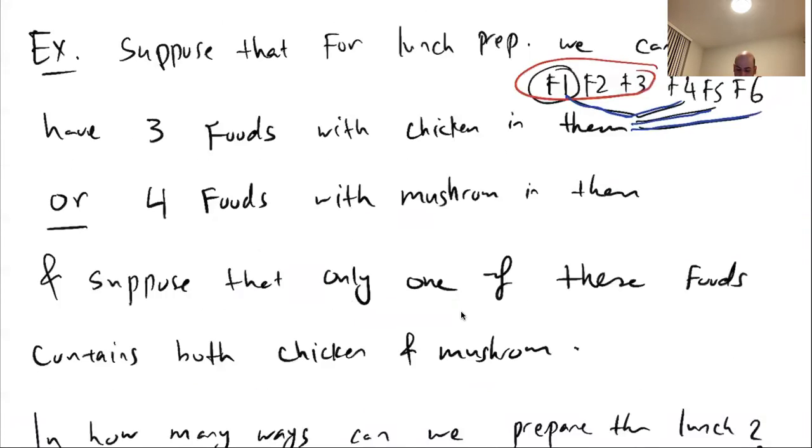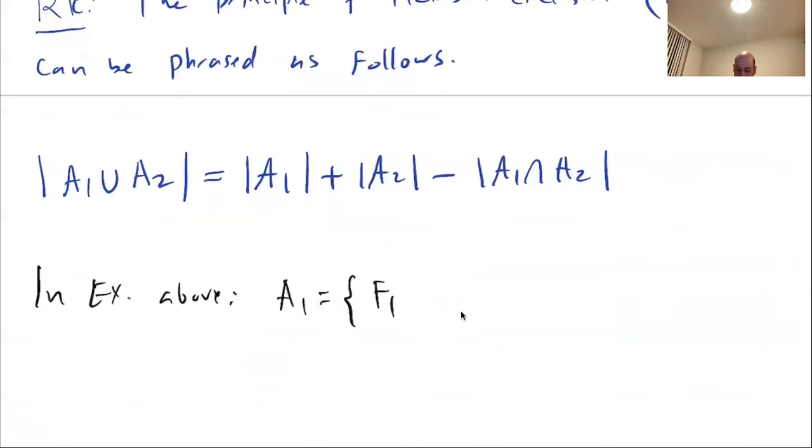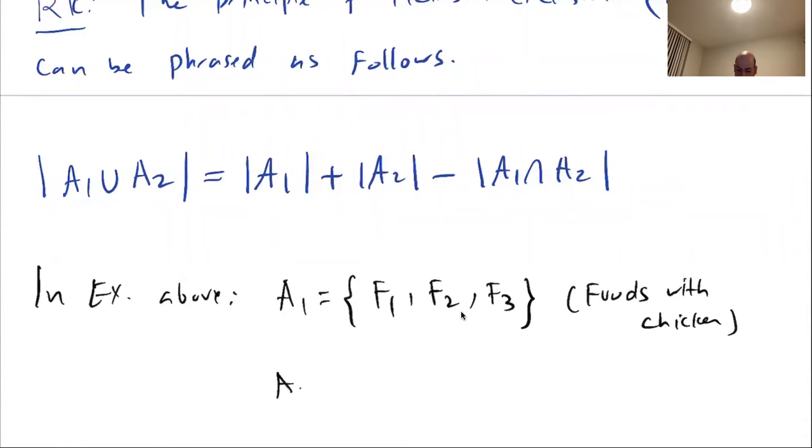So we can set A1 to be food 1, food 2, food 3, the foods with chicken. And A2 was food 1, food 4, food 5, food 6, the foods with mushroom.